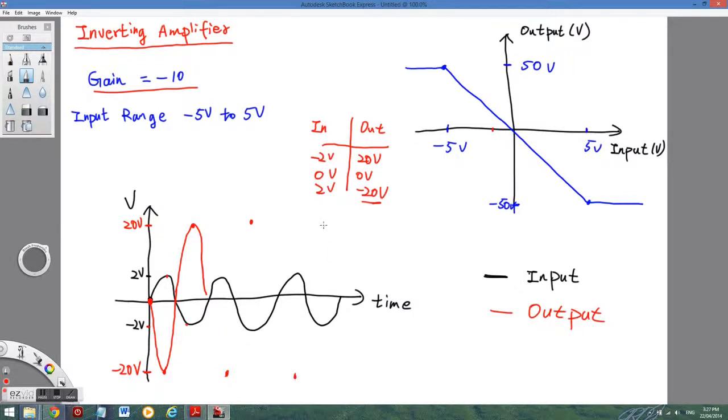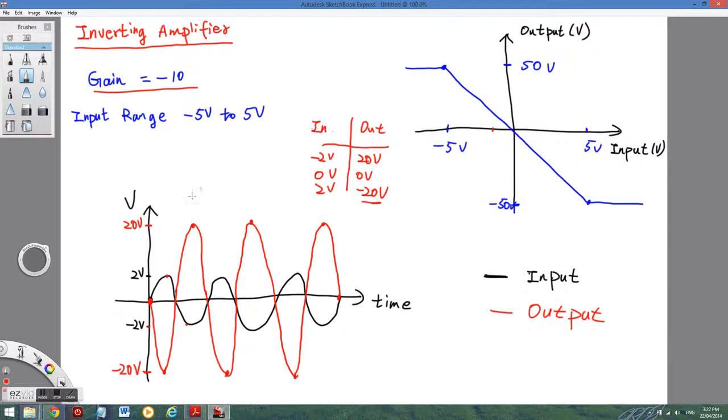So that makes it an inverting amplifier. It's like the whole graph has been reflected on the x-axis, then dilated vertically. So that's what an inverting amplifier does. What's happening is it reflects the input signal first, then magnifies it.